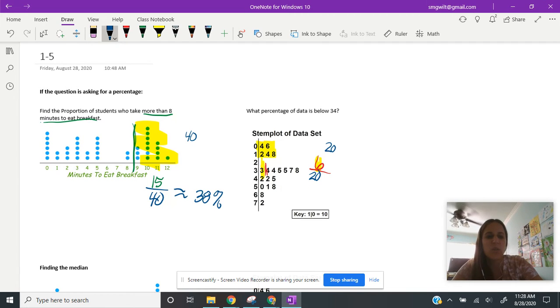That means we're going to have about 30% of data that's below 34. So that's when it's asking for a percentage. I have to count the total if they don't give it to me in the problem, and then count how many dots or leaves fit inside that category they're asking about, and then divide that by the total.